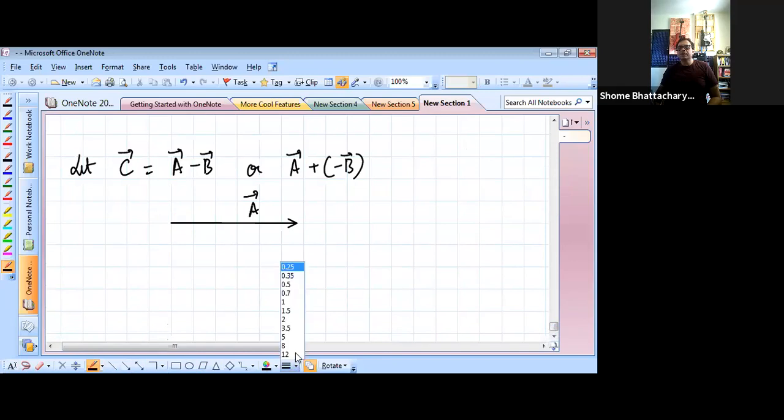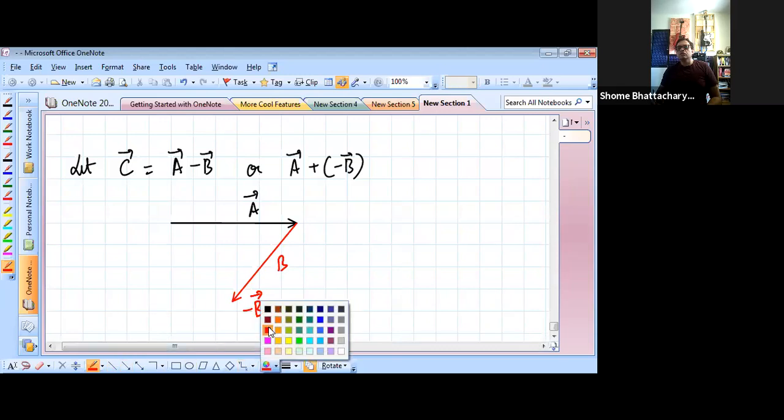So we have to pick up this minus B vector and place it at the head of A. When we place that minus B vector at the head of A, that will look like this. This will be the vector minus B. This is of magnitude B, but the angle it will make with respect to A now will become 180 minus theta.